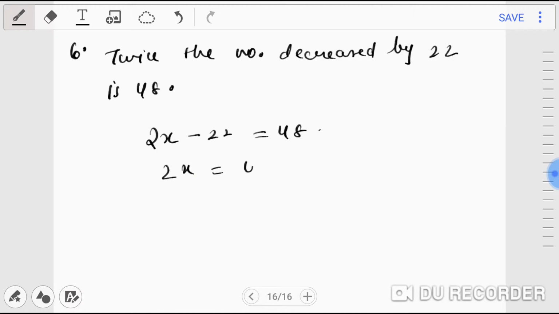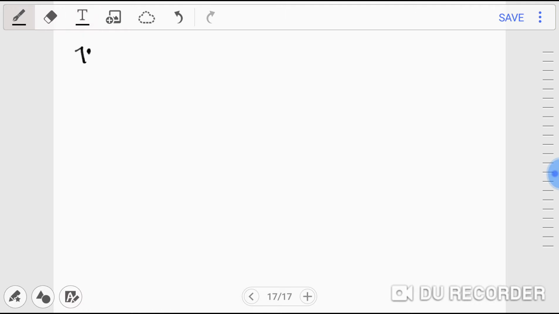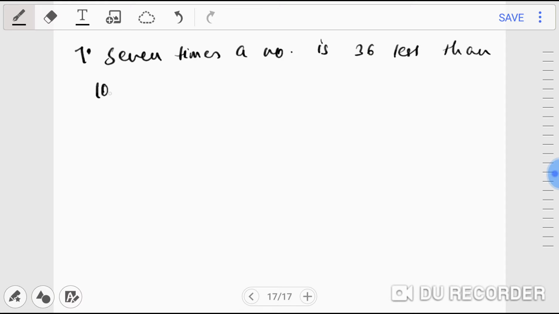So how will you solve it? Something like this. Clear?